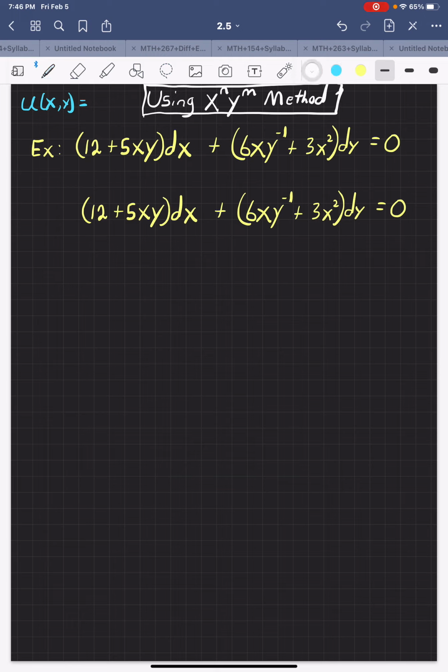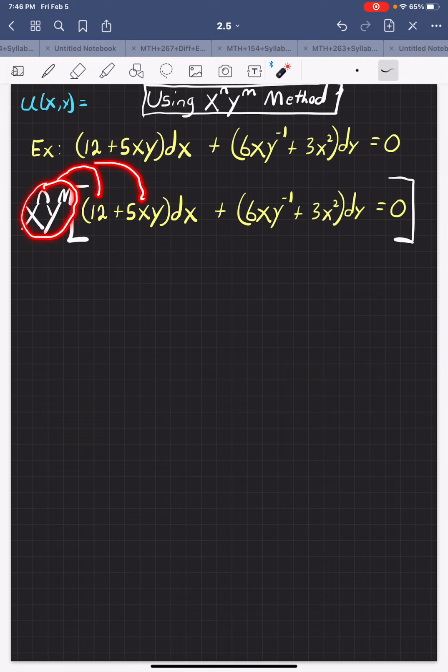We are actually going to distribute x to the n, y to the m. This is quite beautiful. So just imagine that this x to the n, y to the m is going to be distributed to each one of these terms. Okay?